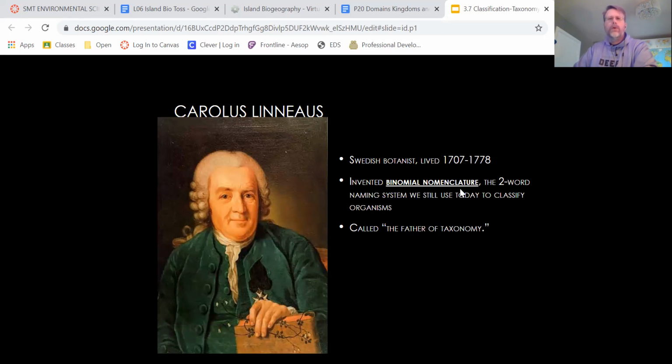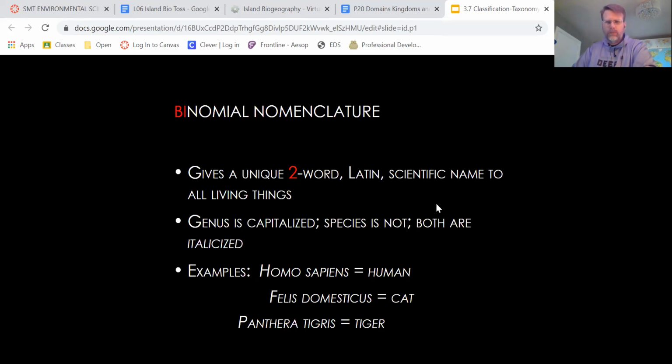This naming convention is still true. He was the first to publish it, so we're going to give him credit for it. We're going to use two words to classify all living organisms within the scientific vocabulary.